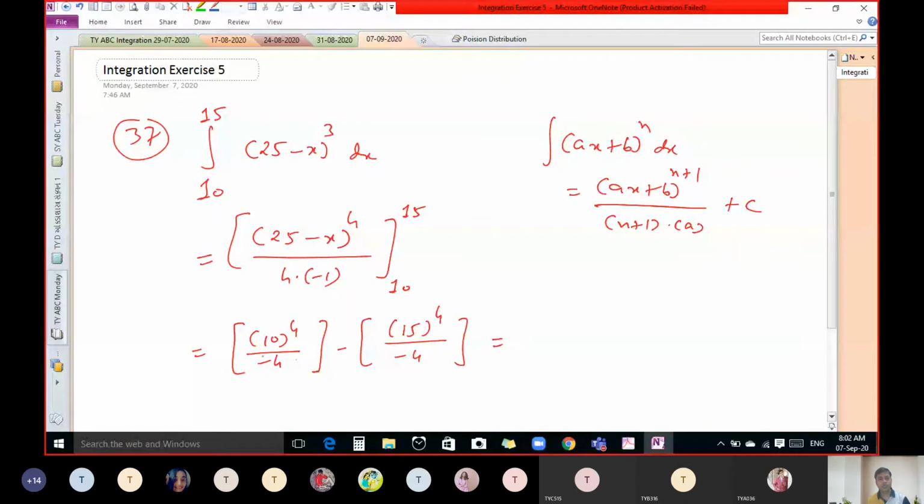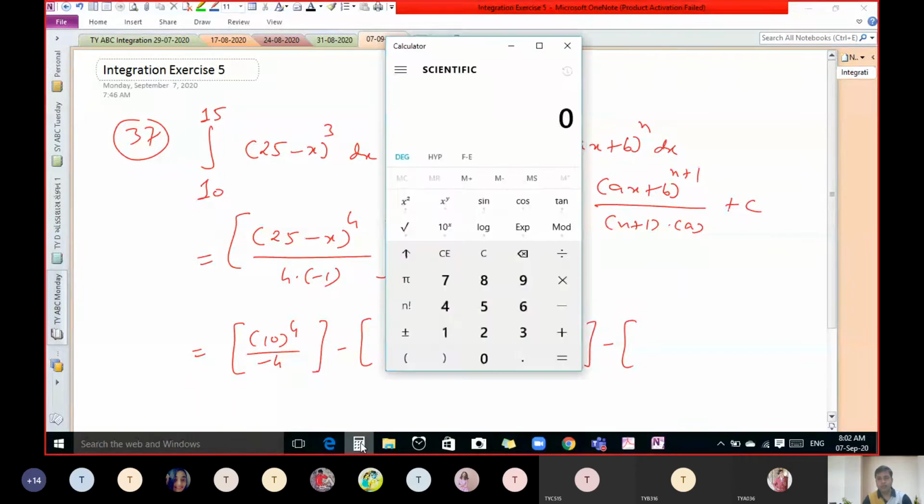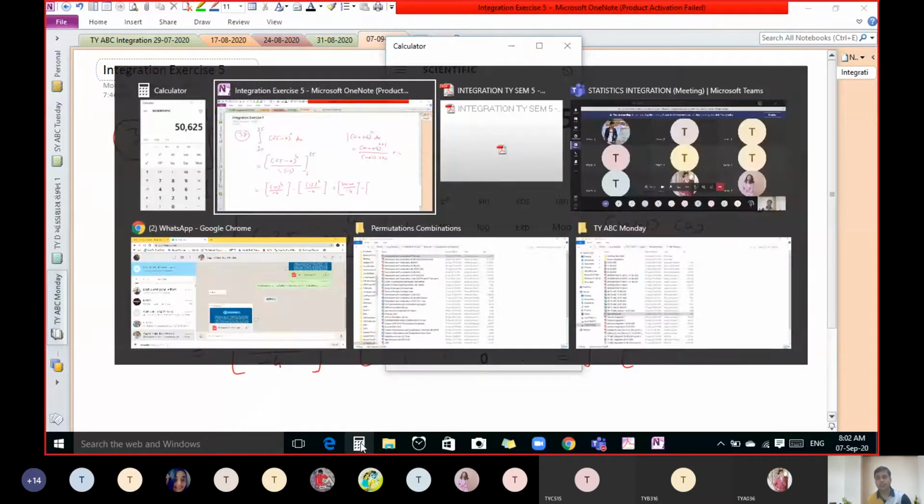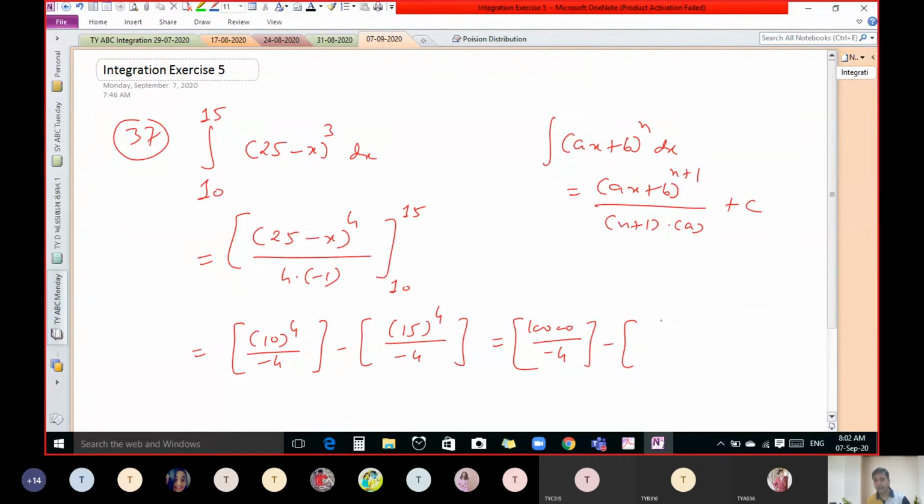Now let us do the calculation. It is 10 raised to 4, that is 10,000, divided by minus 4, minus 15 raised to 4, that means 15 into 15 into 15 into 15, which is 50,625, divided by minus 4.